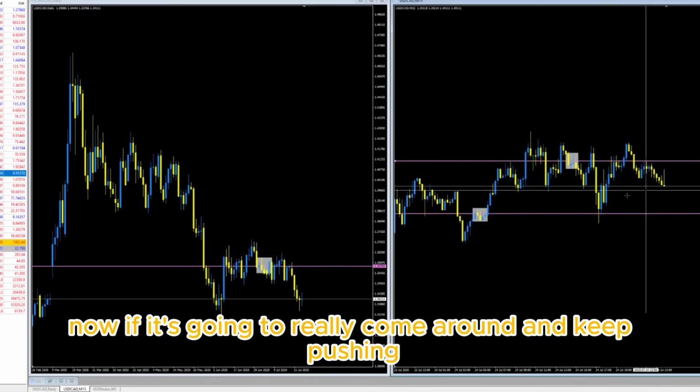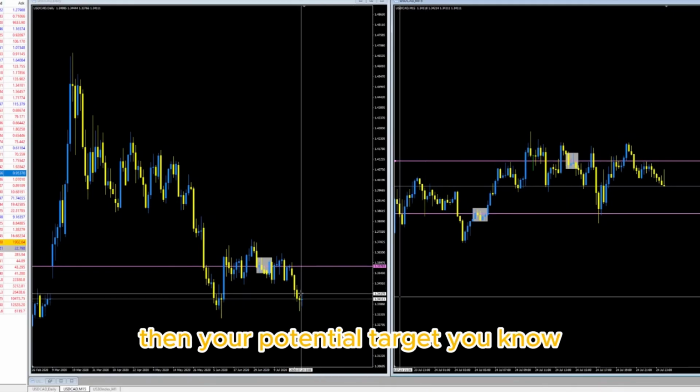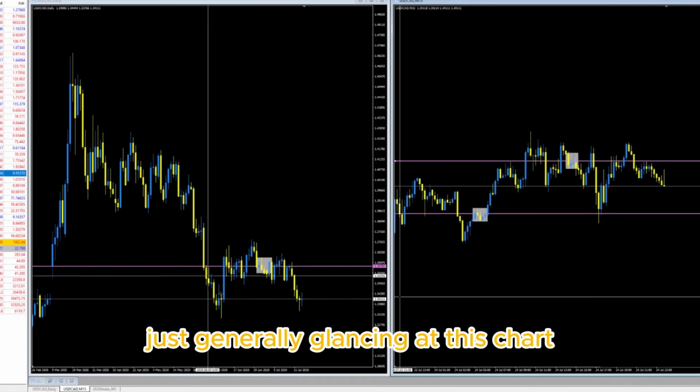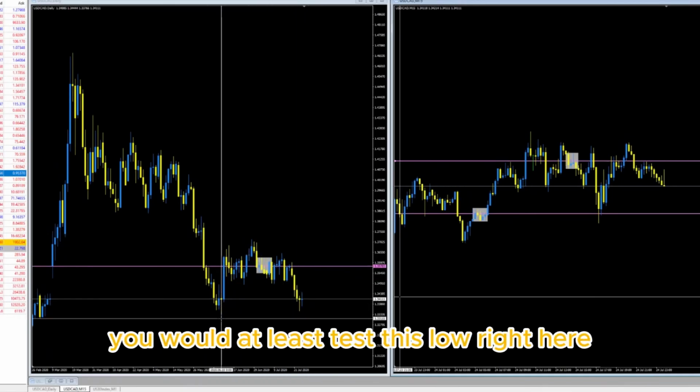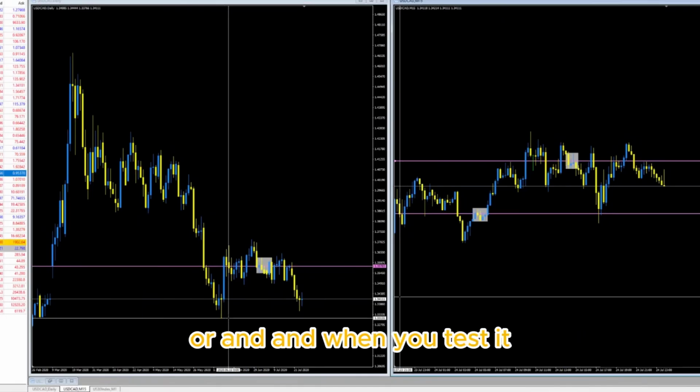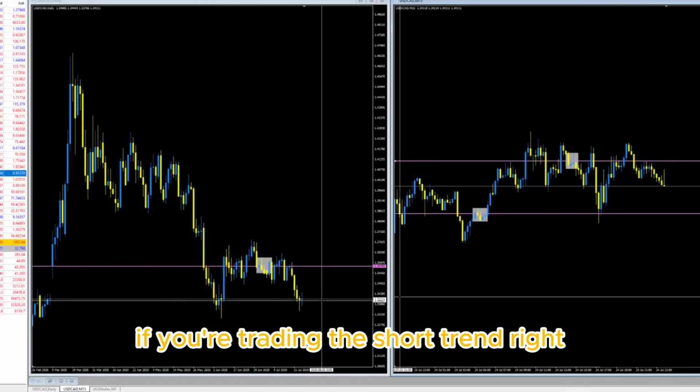Now, if it's going to really come around and keep pushing, then your potential target, just generally glancing at this chart, I would expect that you'd want to see that you would at least test this low right here. And when you test it, hopefully it breaks and snaps it hard if you're trading the short trend, right?